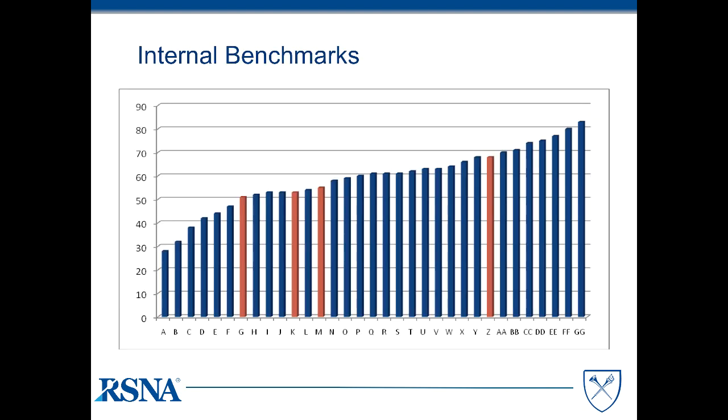Internal benchmarks can be very useful, as long as you look at them in the appropriate context that some services are RVU weighted more favorably than others. Here's the per-day RVU range for one group that I helped with this issue a few years ago in revising their metrics. You see, for example, the interventional radiologists here in red. So you can do color highlighting to segment out people based upon their work patterns.